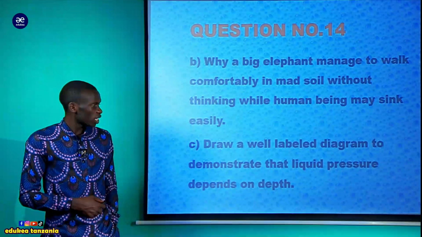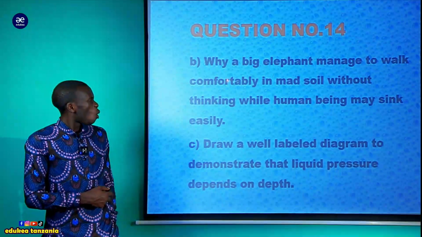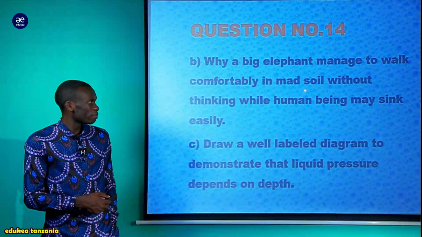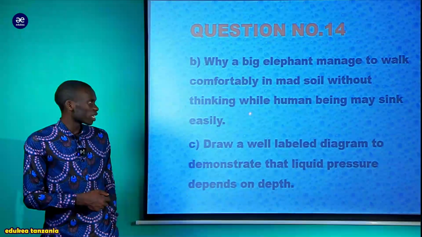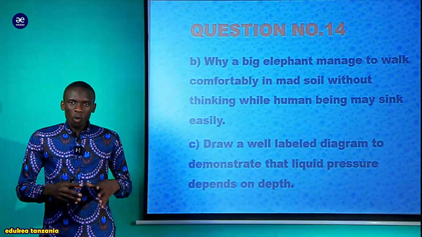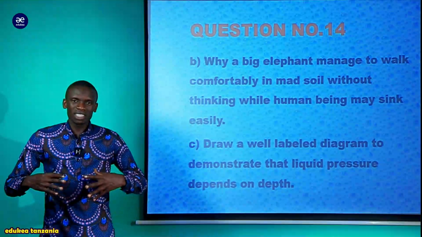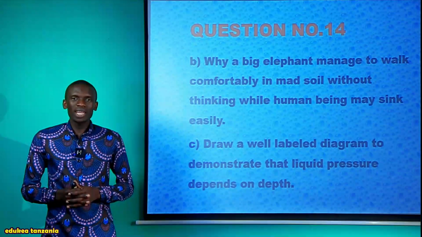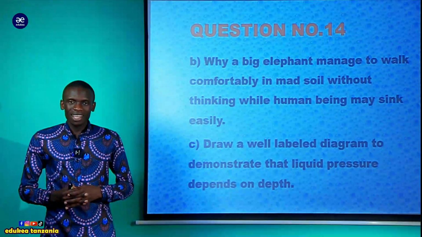Part B of the question is: why does a big elephant manage to walk comfortably on muddy soil without sinking, while a human being may sink easily? Why does a big elephant not sink on mud while a human sinks?